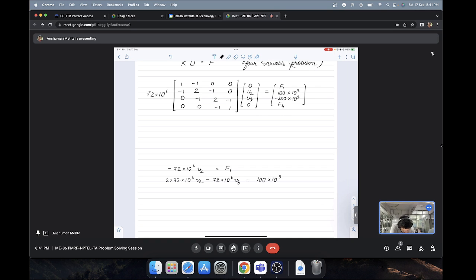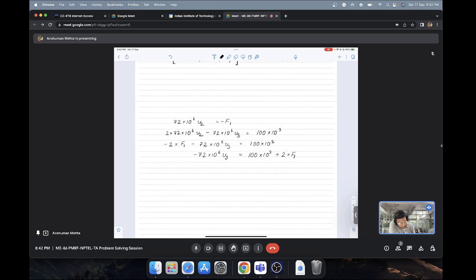So from first we found out that minus 72 u2 is this, so actually this is this, and hence we can put 2 into f1 minus 72 into 10 raised to power 6 u3 is equal to 100 into 10 raised to power 3, which gives us 72 into 10 raised to power 6 u3 equal to 100 into 10 raised to power 3 plus 2 into f1, which gives us the value of this.